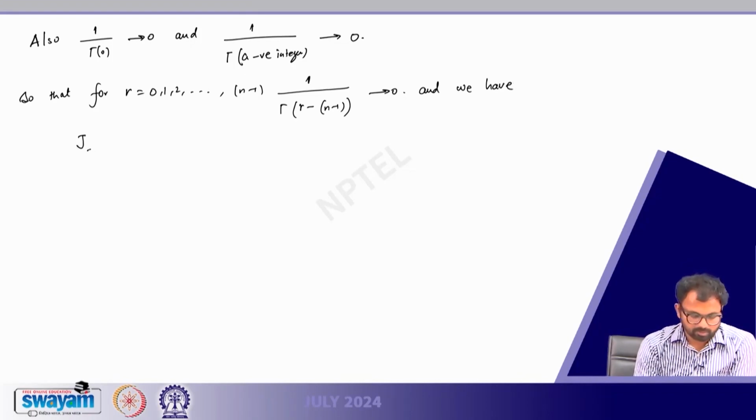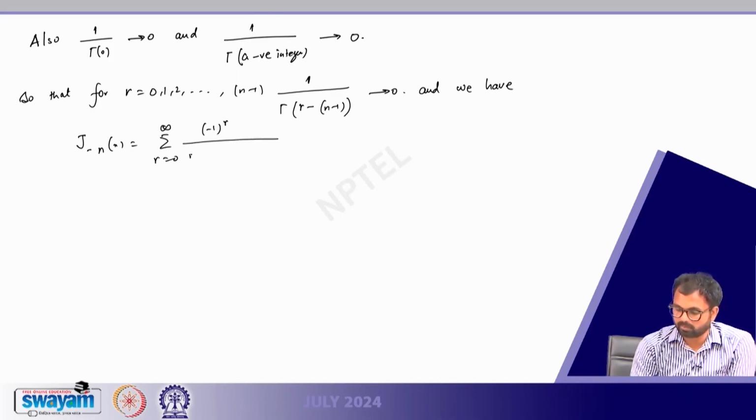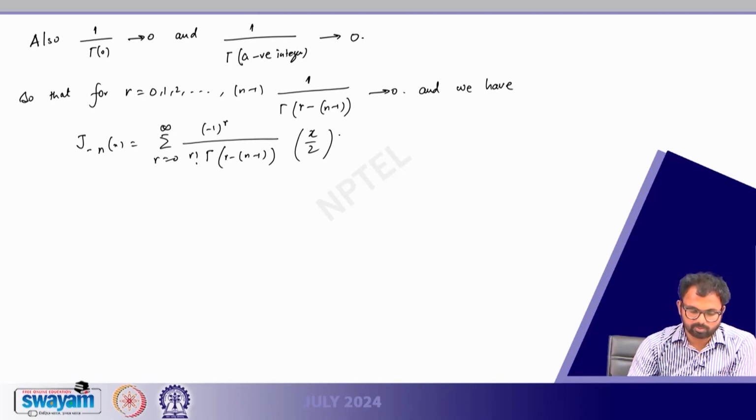J minus n x equals summation r running from 0 to infinity, minus 1 to the power r by factorial r gamma of r minus n plus 1, x by 2 to the power minus n plus 2r.